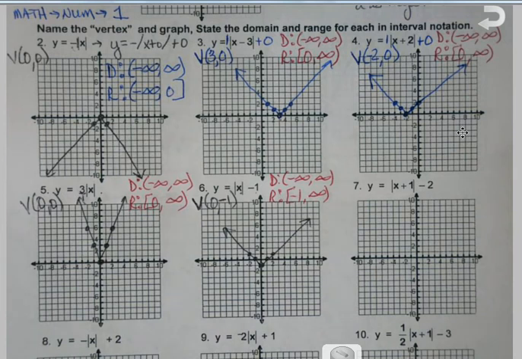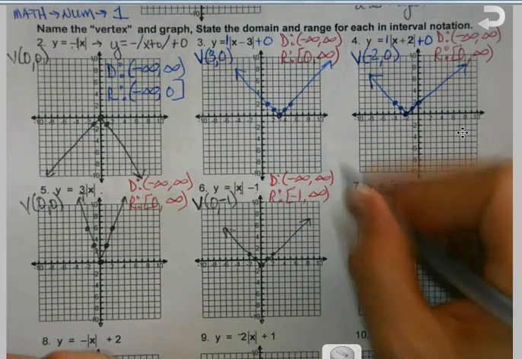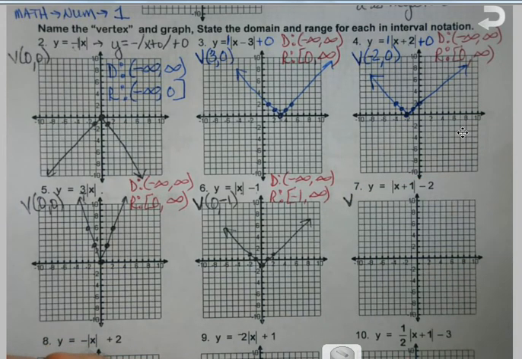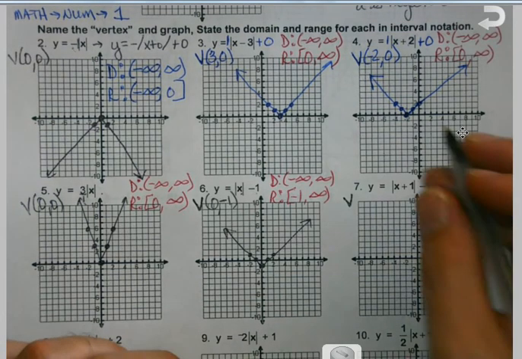Yes, yes there is. We're going to take a look at 7 and 10. Because this is getting a little bit odd now. So 7. Vertex for number 7. Oh, vertex. I think some of you are all locked in so much.